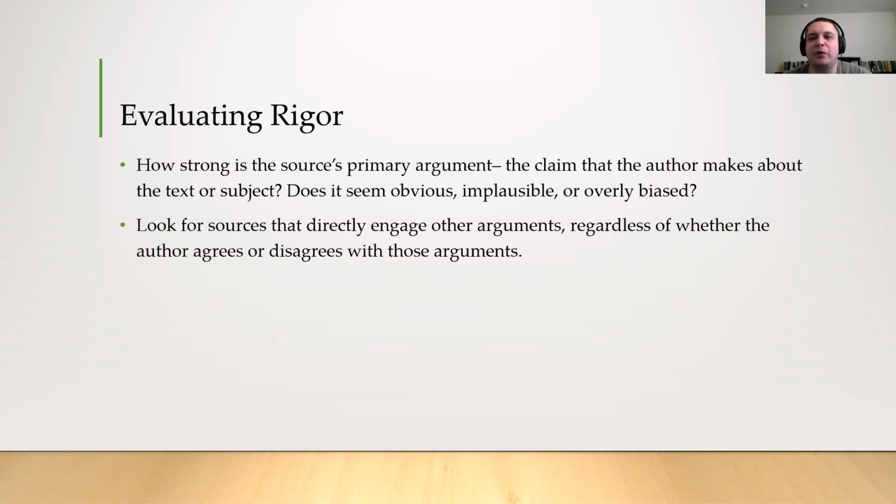As I suggested before, part of being a good scholar is to deal with other people's arguments. So you want to find those that directly engage others. They may disagree with every single thing that's ever been written on this topic before. Doesn't mean they're wrong, doesn't mean they're right. But it means that they should be able to make those arguments, to say that here's what others have said, and here's how I'm approaching this issue.